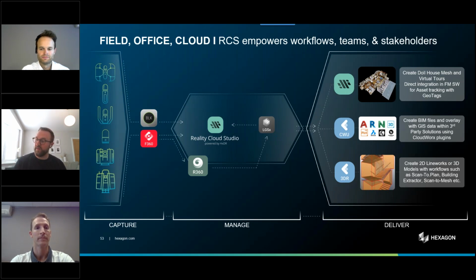We've actually worked with some other third-party companies to improve their export to E57 to make sure that we can consume it correctly, and they've been more than happy to do that. So if you think that you want to get data from other sources into Reality Cloud Studio, then we're more than happy to discuss that with you.